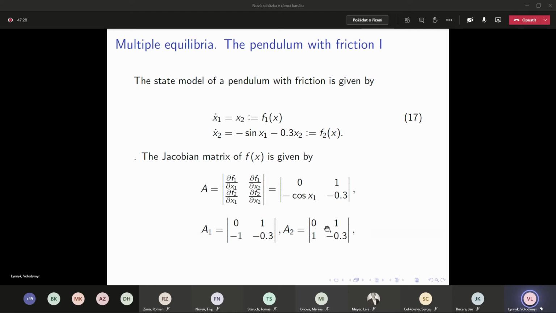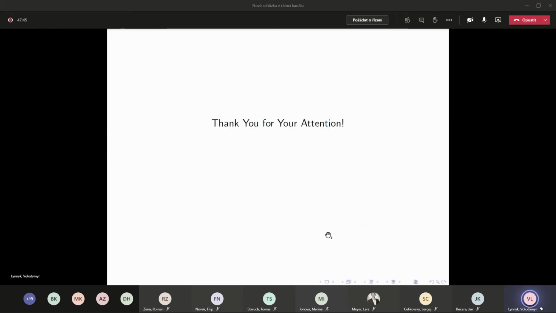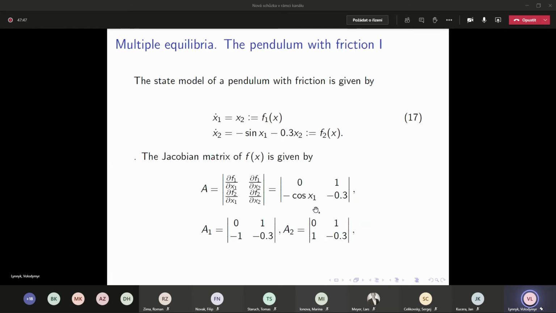I showed you before in MATLAB that this type of equilibrium point is a stable focus, and this is a saddle point. Okay, and now do you have any question on this material?